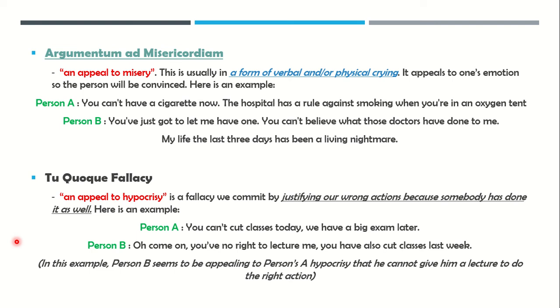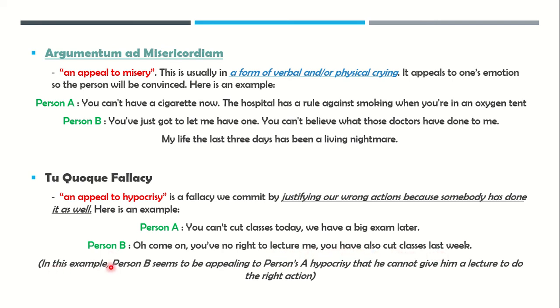So it is like an accused person turns an allegation back on his or her accuser, thus creating a logical fallacy. So person A says, "You can't cut classes today. We have a big exam later." Then person B says, "Oh, come on. You have no right to lecture me. You also cut classes last week."